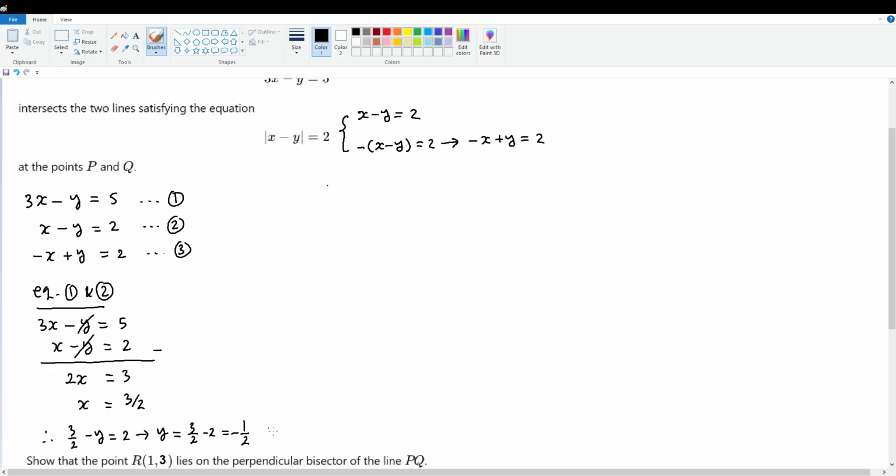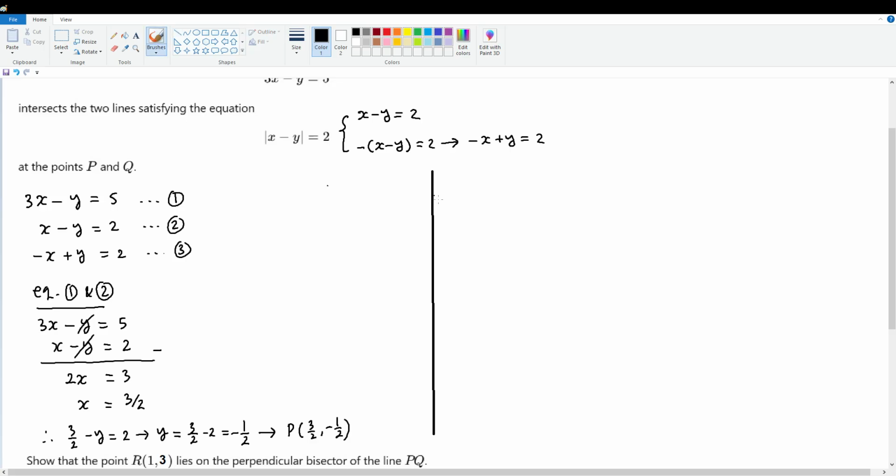So we have the values of x and y, so we get the point P. Actually, don't worry about the name of the point, P or Q, it doesn't matter. In this case, I just use P. P is (3/2, minus 1/2).